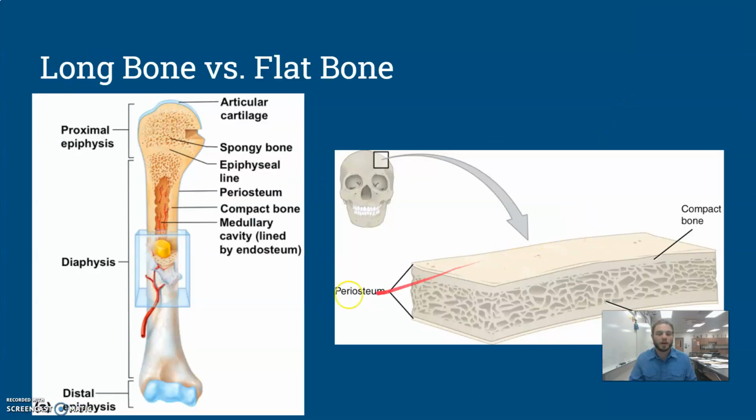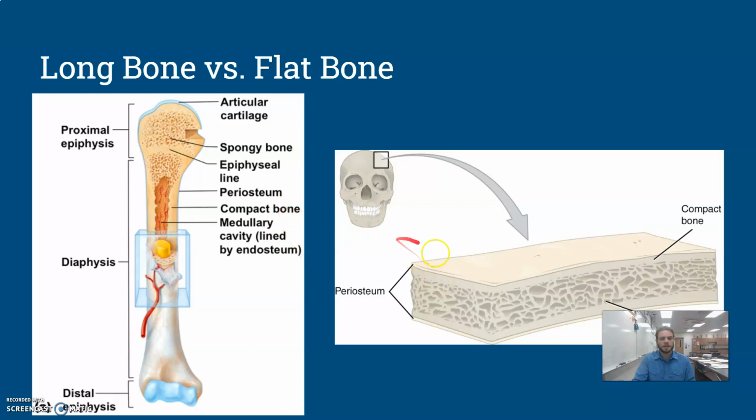So one final picture, that way you're able to see these on a larger scale. This has everything that we talked about. You have your compact bone, your spongy bone on the inside here. We were looking at a long bone, and this is obviously a flat bone from your skull that the picture is showing. But they have very similar structures.